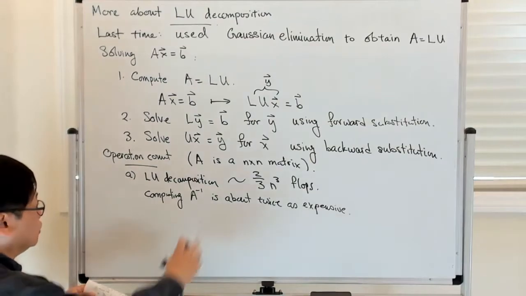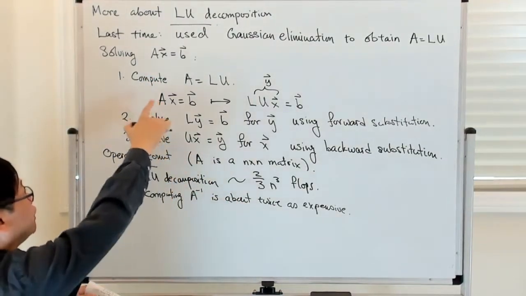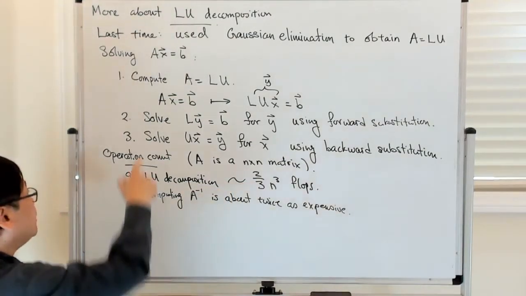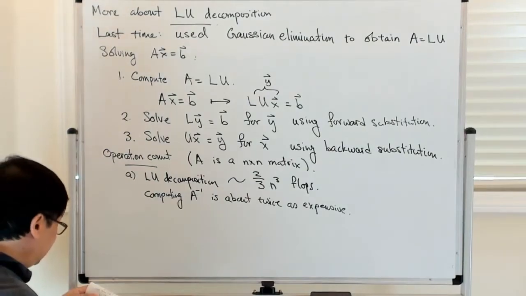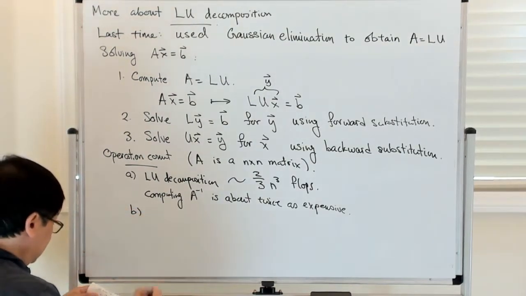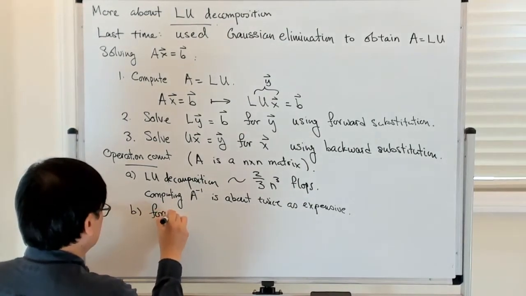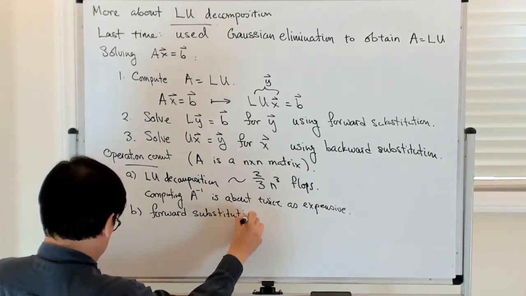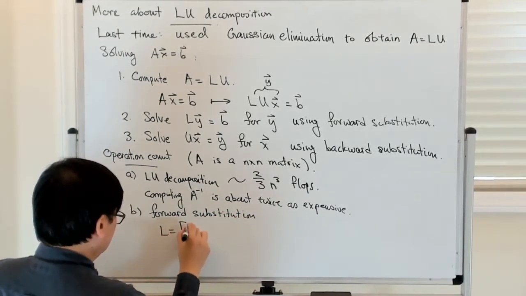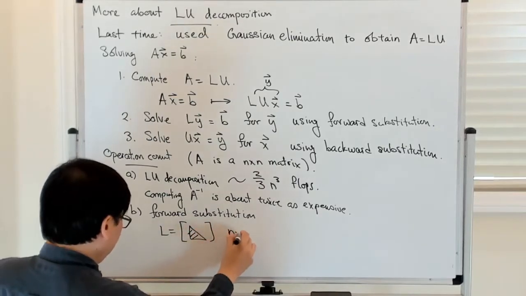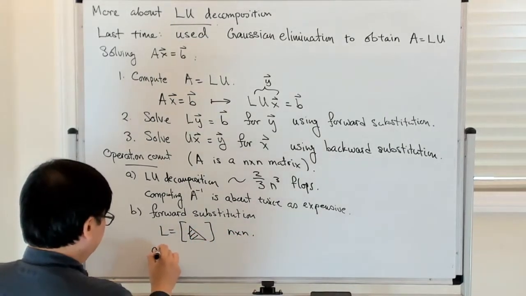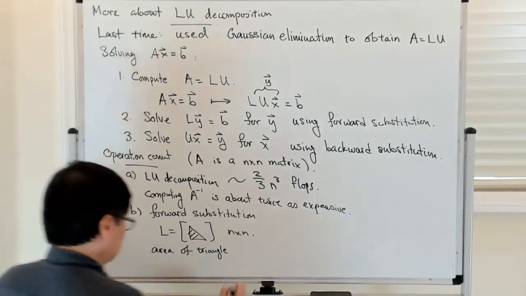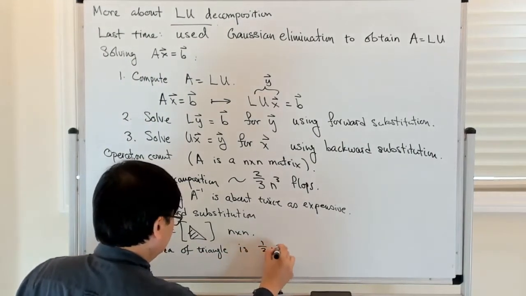All right. So in order to do this full solve, we have to do this LU decomposition, which we know now takes 2/3 n cubed floating point operations, and then we have to do the forward and backward substitution. Let's see how much those take. For the forward substitution, L is this lower triangular matrix, which is an n by n matrix. So the area of the triangle is 1/2 n squared.